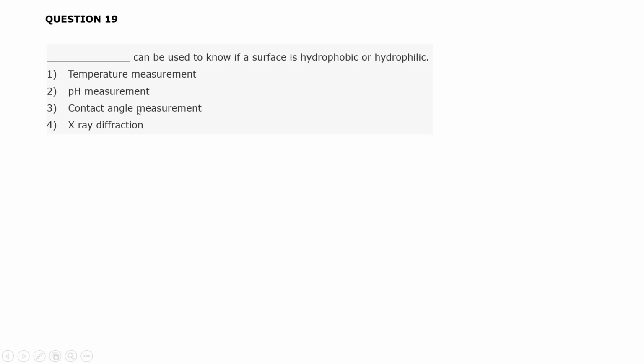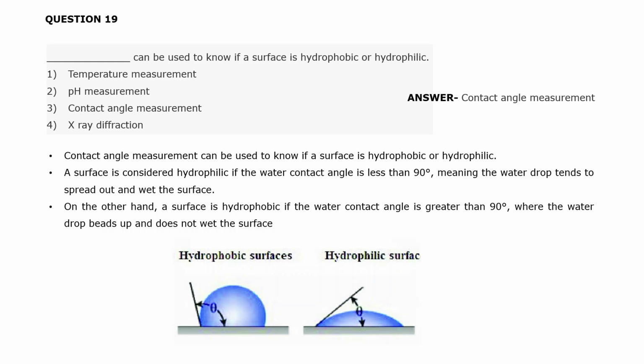Temperature measurement, pH measurement, contact angle measurement, or X-ray diffraction, which may be the answer. Yeah, I'm getting option number 3. Does anyone have any other answer? Yeah, basically the answer is contact angle measurement.